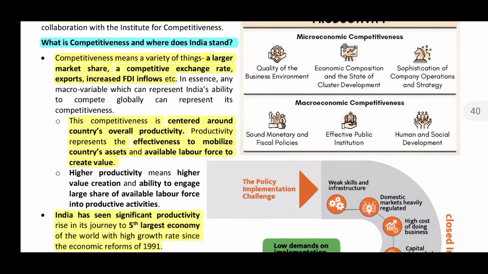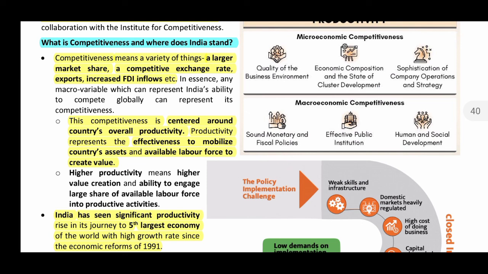This competitiveness is centered around overall productivity. Productivity of a country is the measure of how efficiently goods and services are produced. It means if there is a product like a Skybags bag, then how efficiently and how cost effective that bag is.